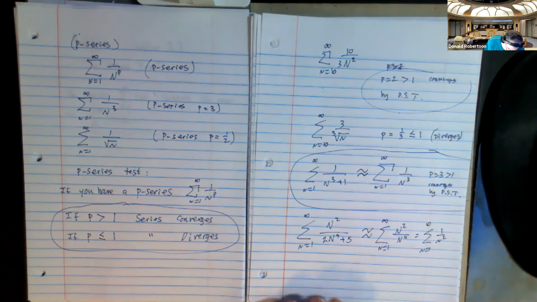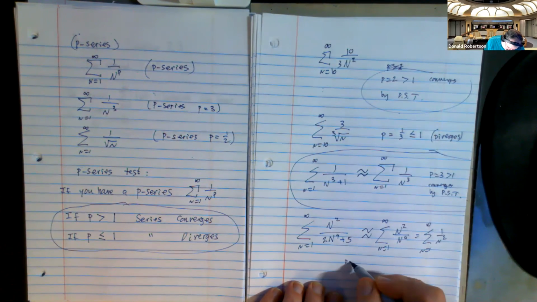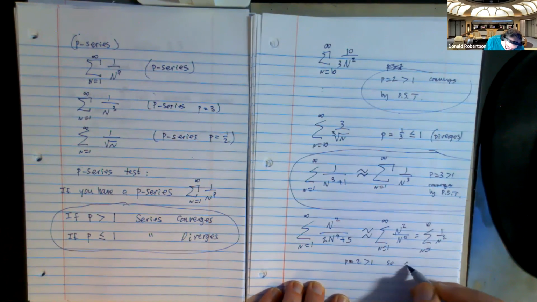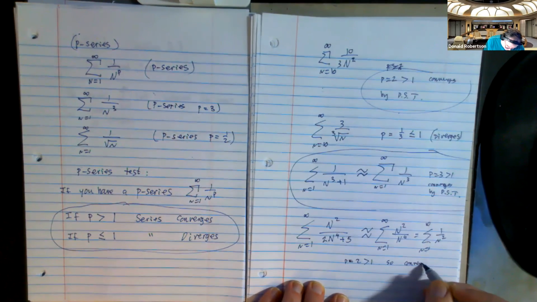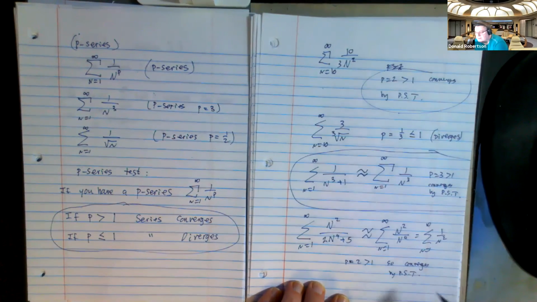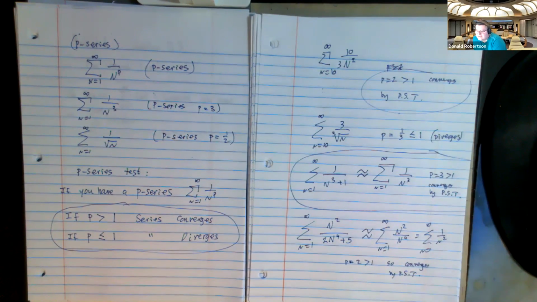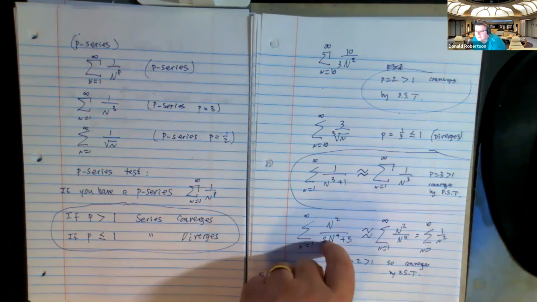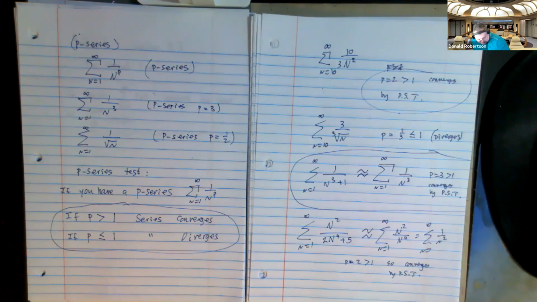And what do we know about him? He's a P series, right? P equals 2, which is greater than 1. So this one converges by the P series test. Isn't that quite a powerful technique for finding out whether polynomials over polynomials converge or not?